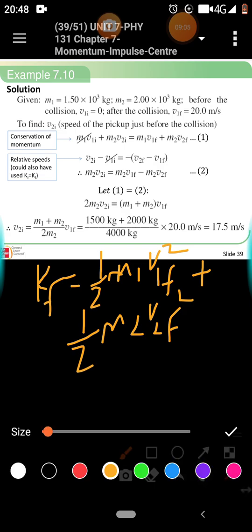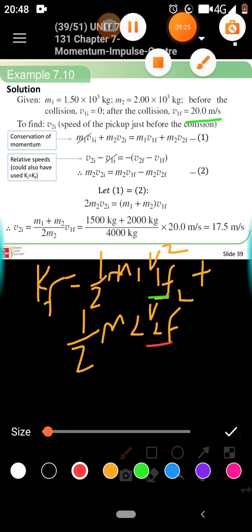We are given the final velocity of car 1, but we are not given this one. So let's equate the final kinetic energy to the initial kinetic energy.